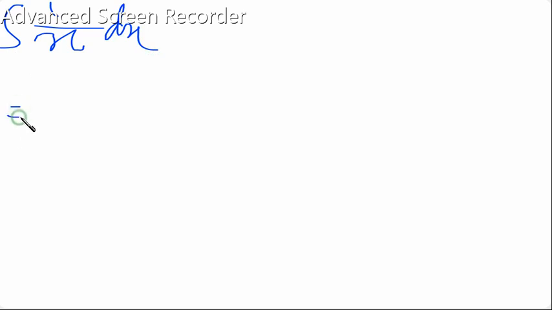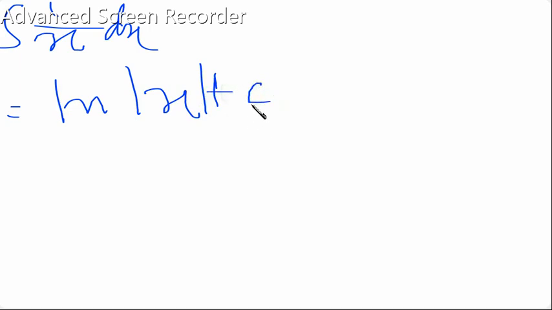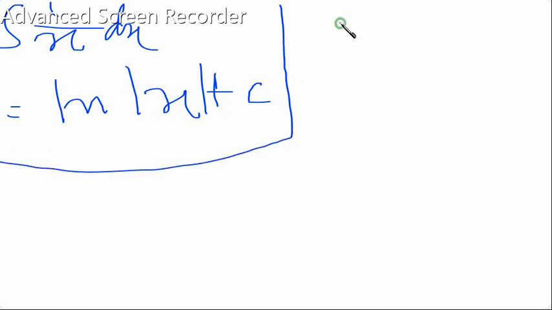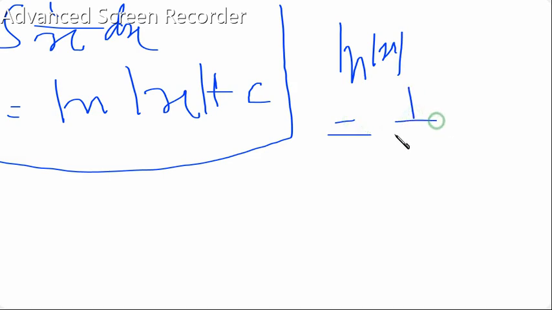So the answer of this integral is natural log of absolute x plus c. Why am I telling you this? Because when we derive the derivative of natural log of absolute x, we get 1 by x.